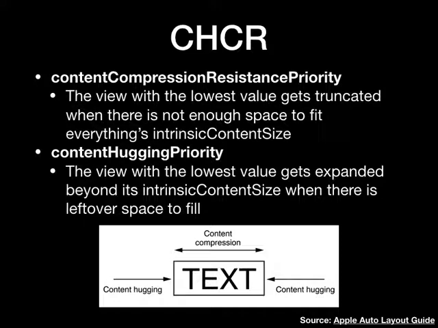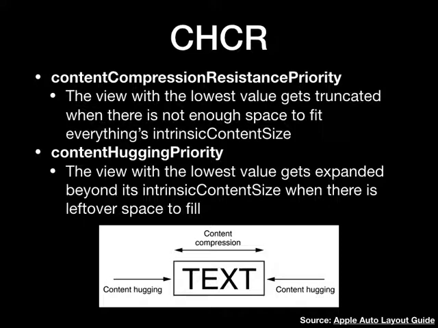Basically, content compression resistance priority works like this: when you manipulate that for the views in the stack view, it will go through all its views, and whichever view has the lowest compression resistance priority will get truncated.